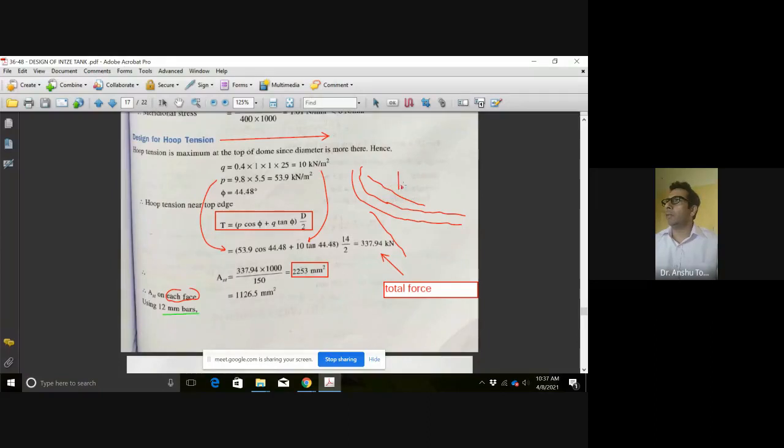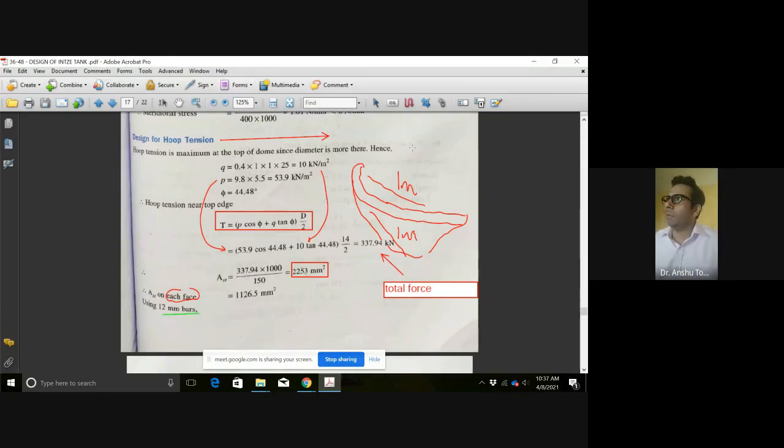So this is going to be 1 meter and this is going to be 1 meter at the bottom. If I draw it like this, it will be something like this. So this is a portion of your conical dome corresponding to hoop stress.